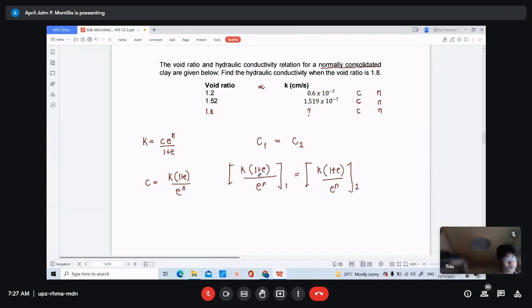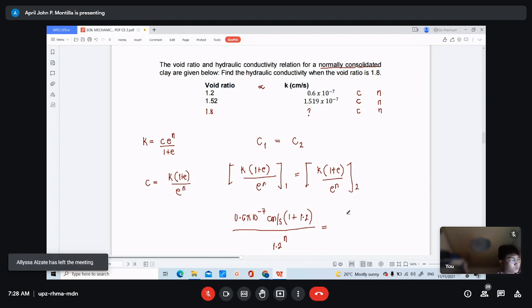What is hydraulic conductivity dun sa una? That is 0.6 times 10 raised to negative 7 centimeter per second, multiplied by 1 plus void ratio ng first set of values natin, 1.2, over 1.2 raised to n. Equivalent to, substitute naman natin yung parameters sa second set of values natin.